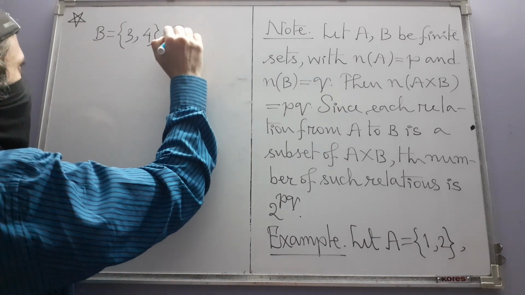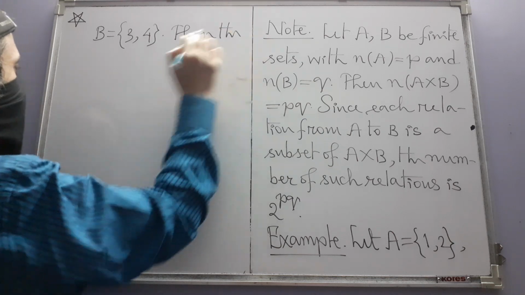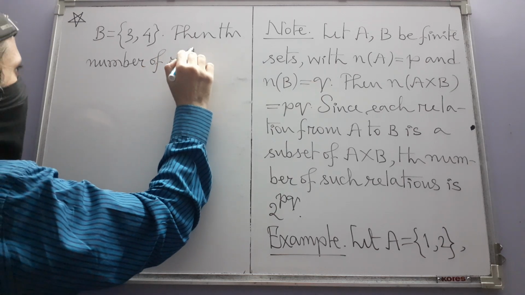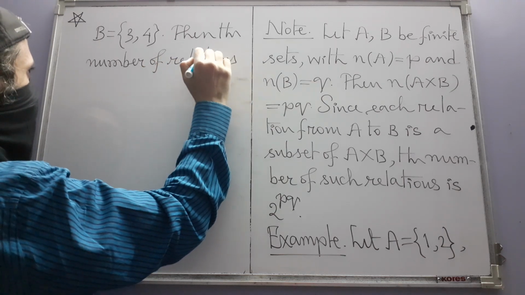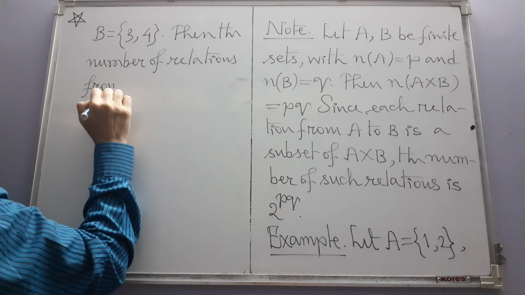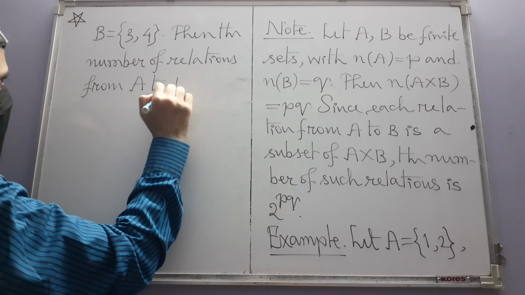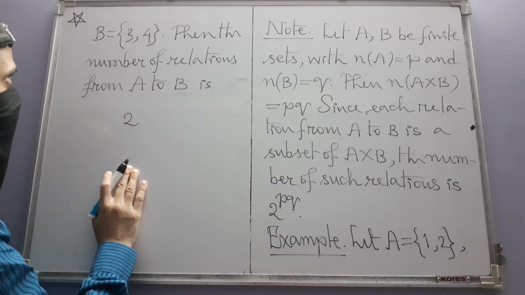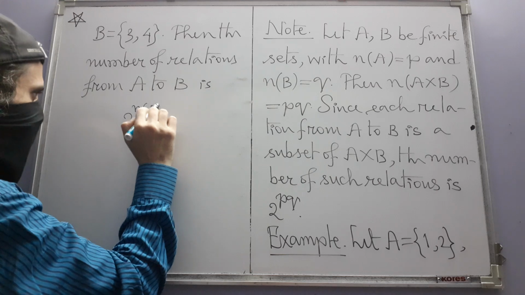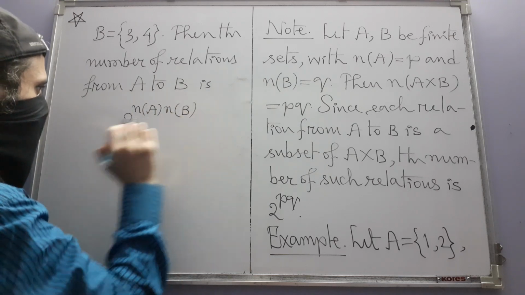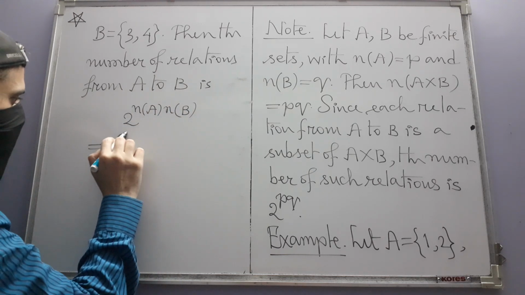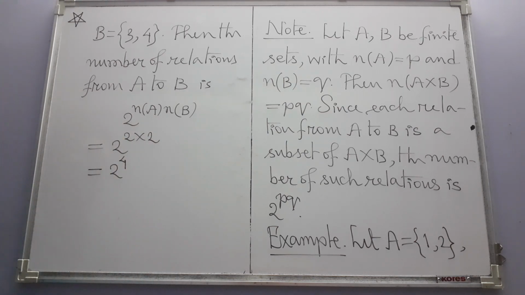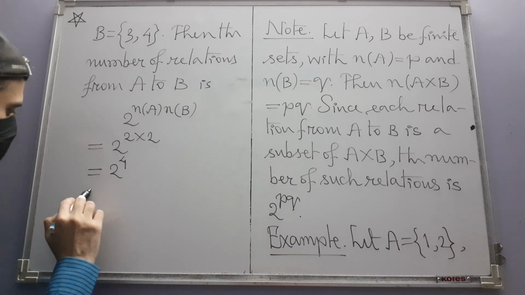Then the number of relations from A to B is going to be 2 to the power the number of elements in A times the number of elements in B. That means 16.